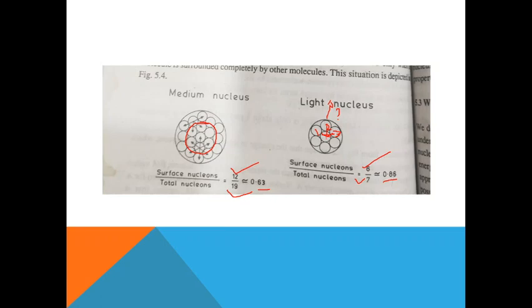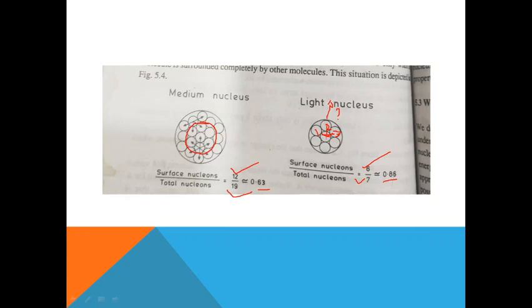If you supply some energy, it's very easy to remove a nucleon from the surface. That's why the binding energy is higher if you are able to pack more nucleons in the center and have fewer nucleons on the surface. That is overall going to determine the binding energy of the nucleus.